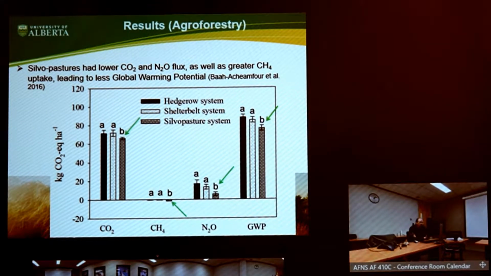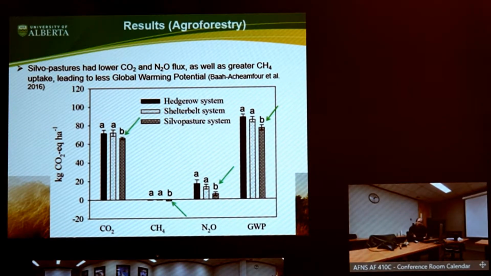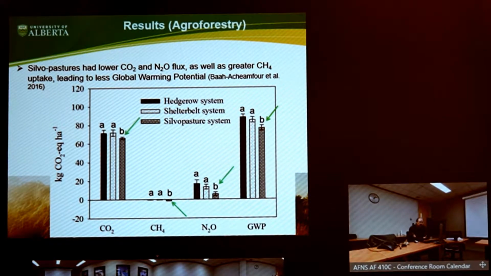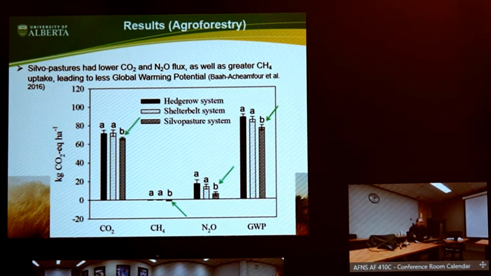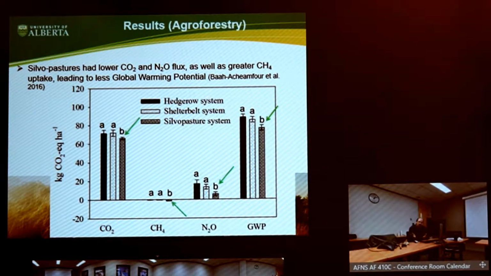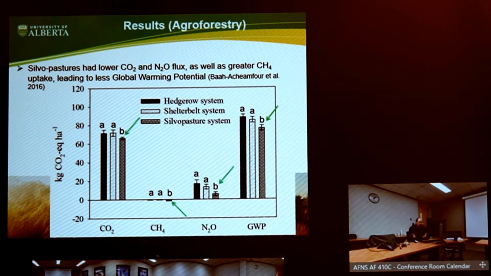And what's very notable is that the silvopastoral system, in which we're combining a perennial forested habitat type with a perennial grassland type, had the lowest CO2 loss, the greatest methane uptake, which is a positive thing because it means we're removing that methane from the atmosphere, and the lowest nitrous oxide release.